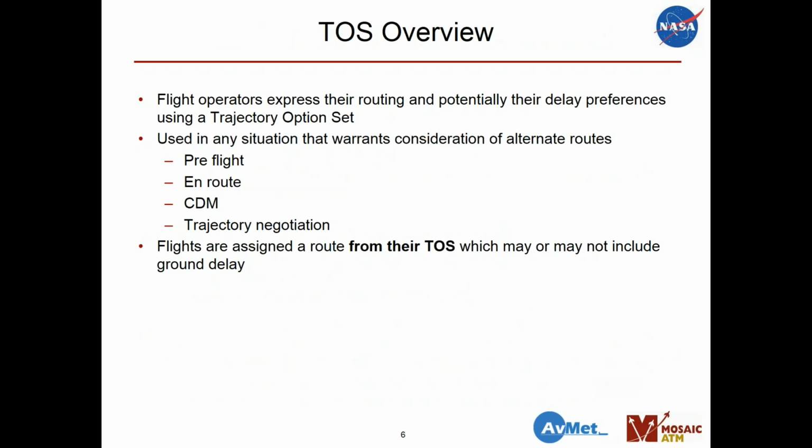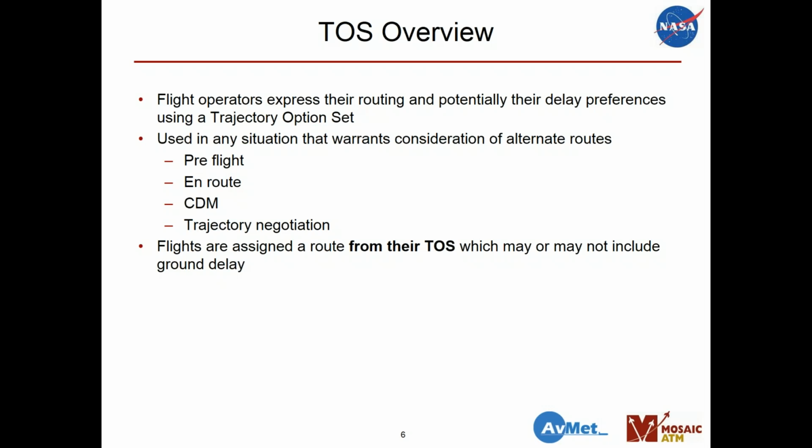The CTOP concept and the TOS, the trajectory option set, is one of the ways to implement that third model where flight operators submit multiple routes and they can specify preferences for each of those routes.